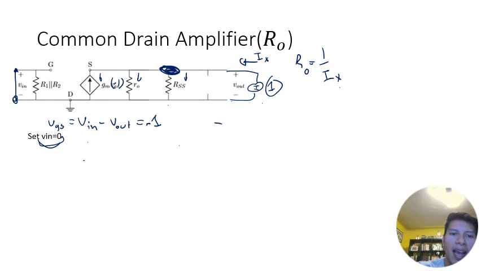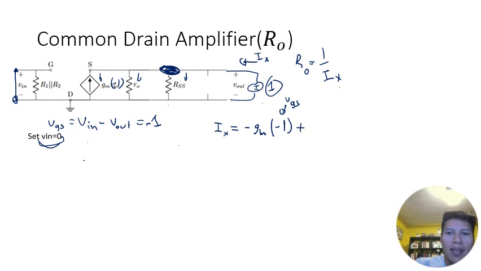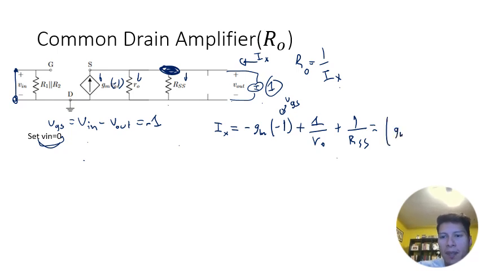And so we have that Ix equals negative GM times negative 1, so this is just VGS, plus 1 over RO plus 1 over RSS, which is just equal to GM plus 1 over RO plus 1 over RSS.